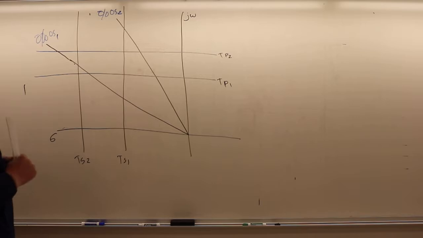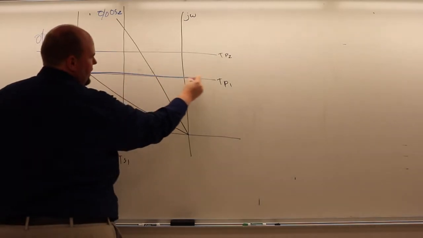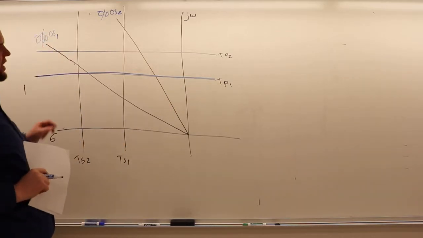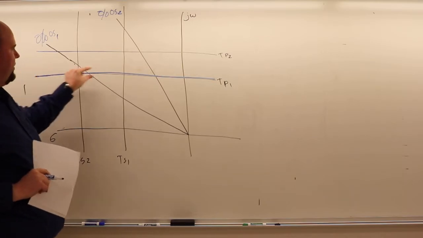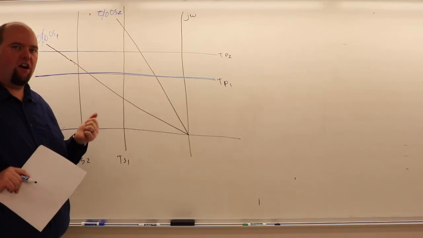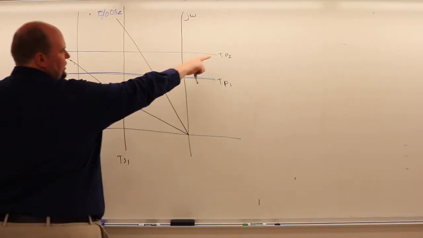So what happens here is, this is a line of pole locations with a constant time to peak. If a pole is anywhere on this line, that pole represents a system with a constant time to peak. This line too.